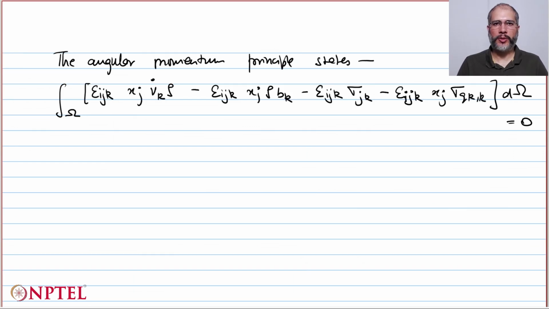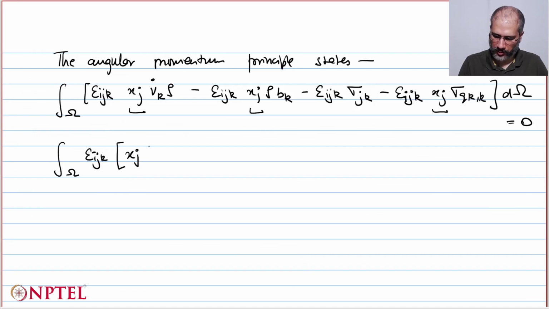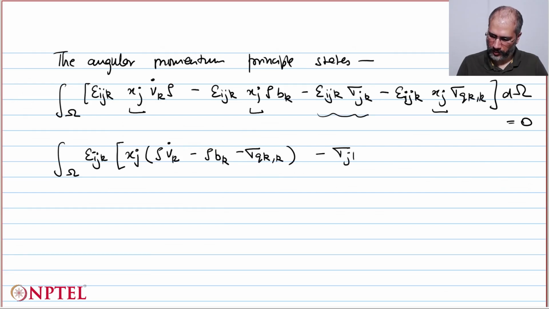So we moved all the terms to one side. Now we can take the epsilon common from all the terms, and then we have an xj in these three terms. So we can take an xj common and write rho times vk dot minus rho times bk minus sigma qk comma k, and then we have this term minus sigma jk times d omega, and that's 0.